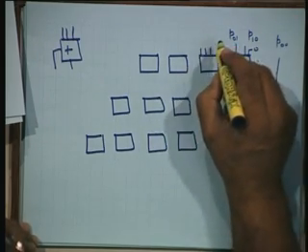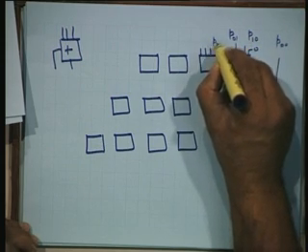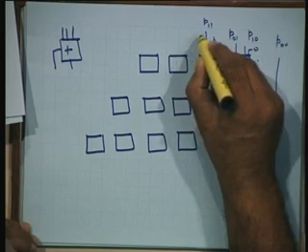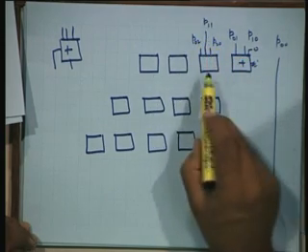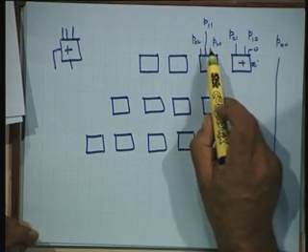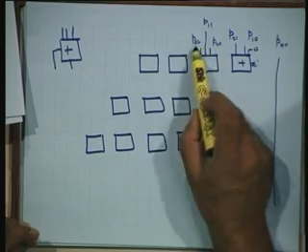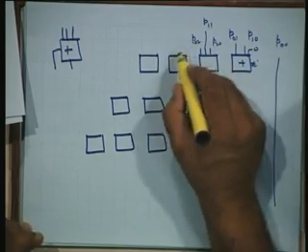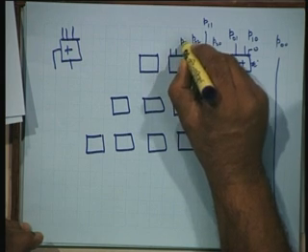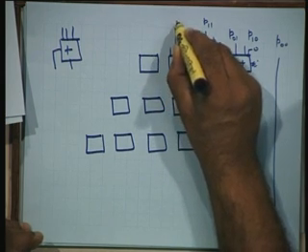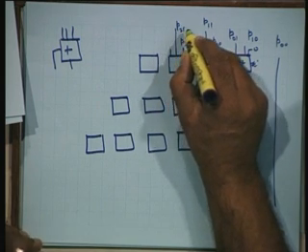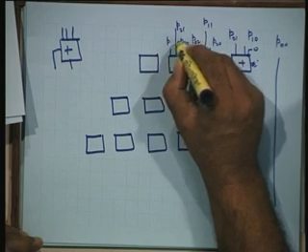Here I can feed P 2 0, P 1 1 and P 0 2. You would notice that what I am feeding along a column, the sum of indices would be the same. So, 2 plus 0, 1 plus 1, 0 plus 2. So, here I will feed P 3 0, P 2 1 and P 1 2.